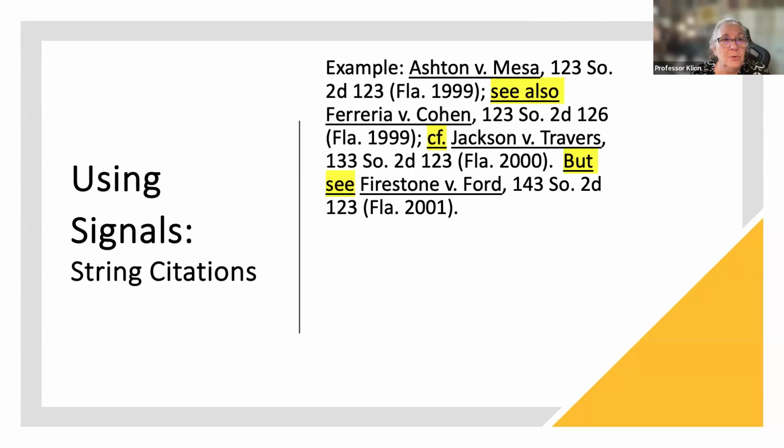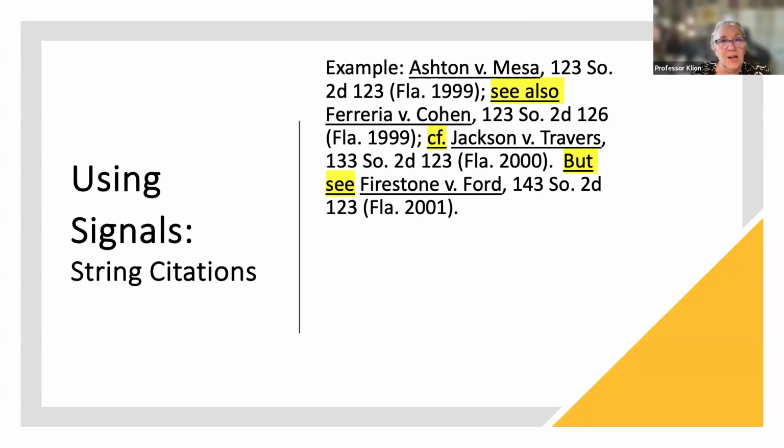So here, using signals in a string cite, we have one case, Ashton, which directly supports the proposition. We have a C also, Ferraria, which means that it also supports the proposition, but you have no intention of using that case in the rest of your paper.